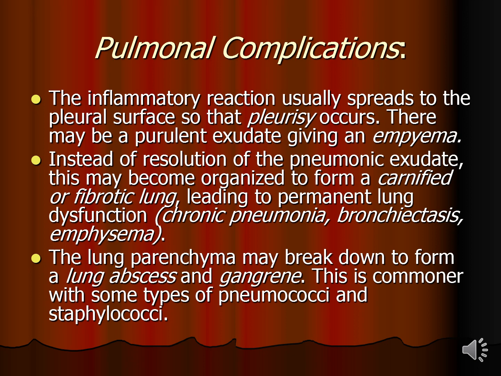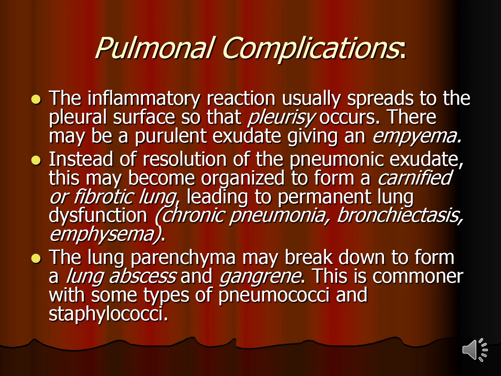The other possible complication is when, instead of resolution of pneumonic exudate, this may become organized or replaced by fibrous tissue, and we see a carnified or fibrotic lung formation leading to permanent lung dysfunction. And we have such a pattern in case of chronic pneumonia, bronchiectasis, and emphysema.